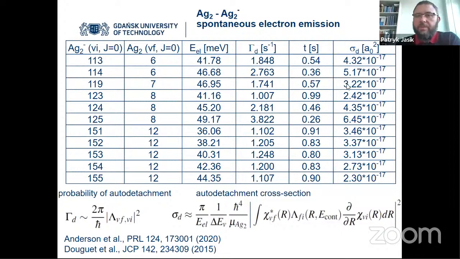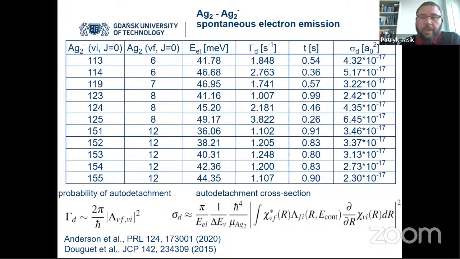So this is a rather small set of results which we were able to extract from all the combinations of vibrational and rotational quantum numbers. But anyway, we confirm by our calculations what was reported in the Anderson paper, that this process is really long in comparison with the predissociation.